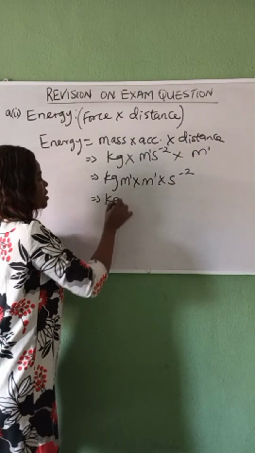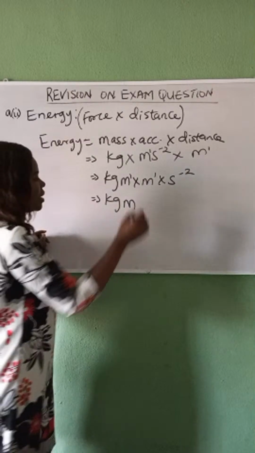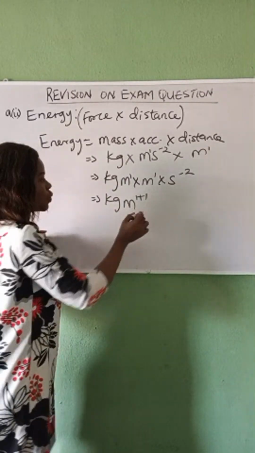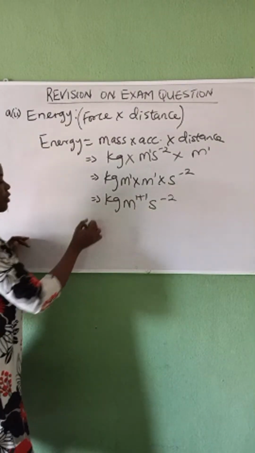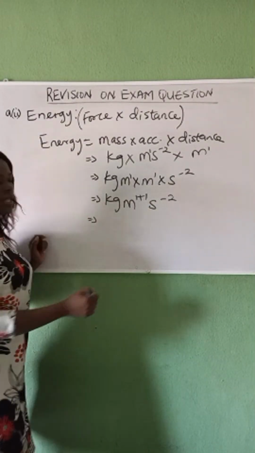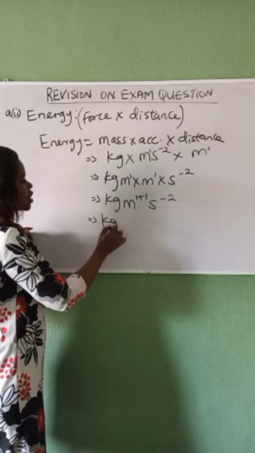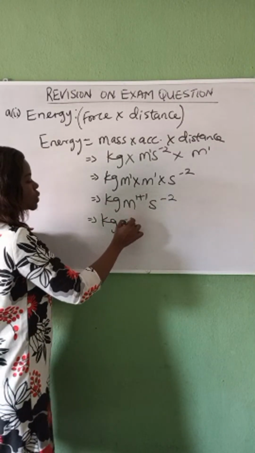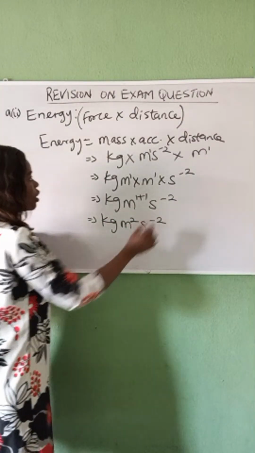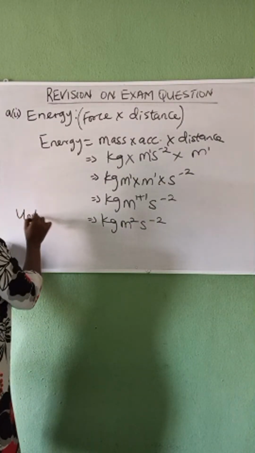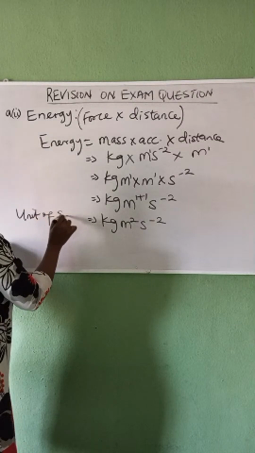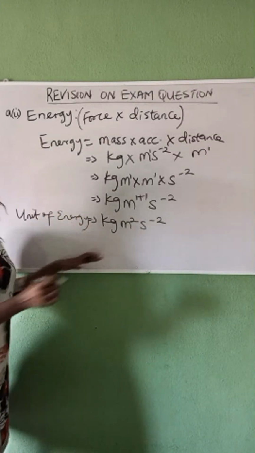This is kilogram meter power 1 plus 1, then per second square, right? Then I'll come to a conclusion that this becomes kilogram meter, 1 plus 1 is what? 2, per second square, right? Now this is the unit of energy.